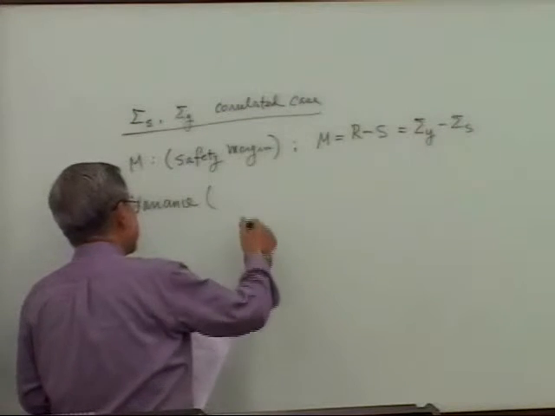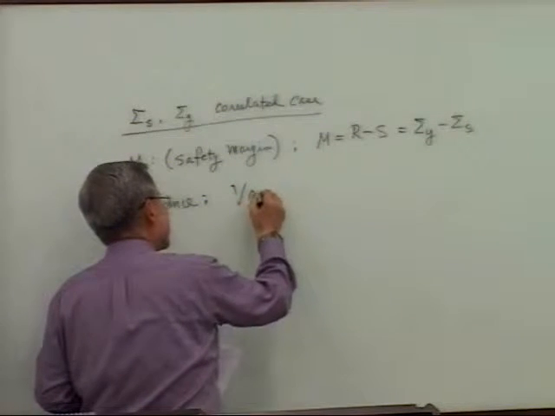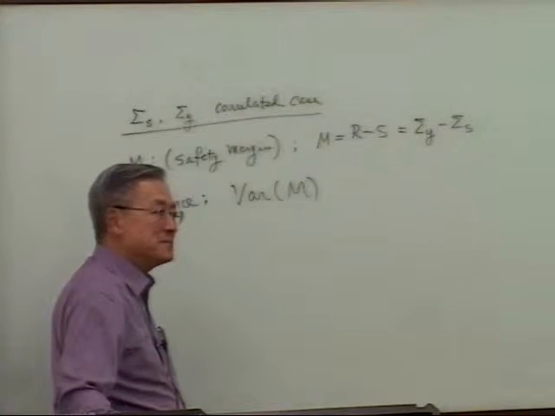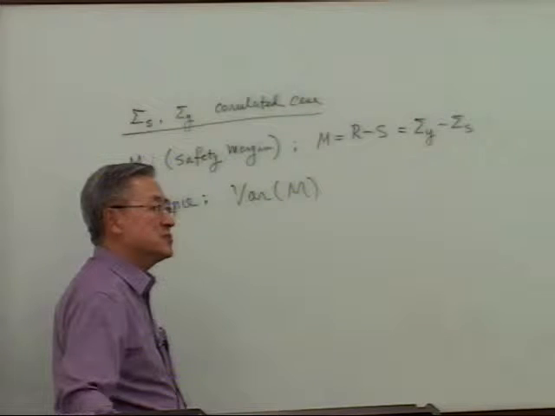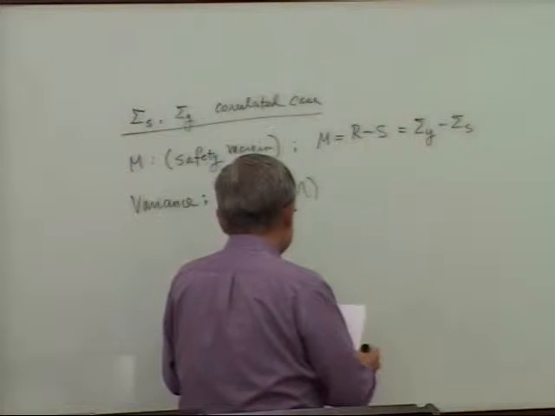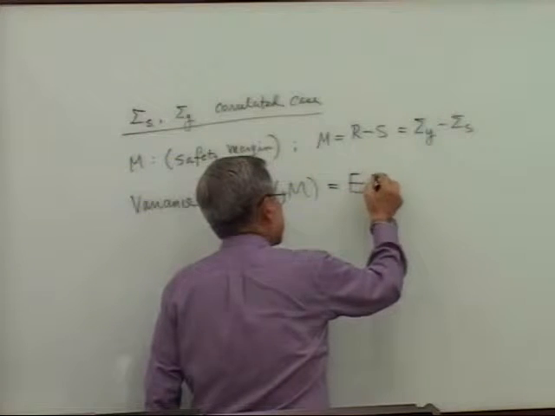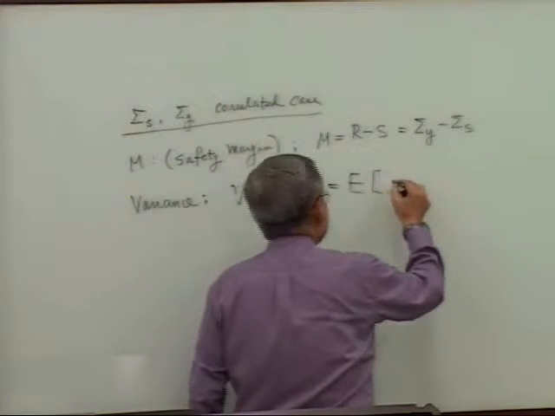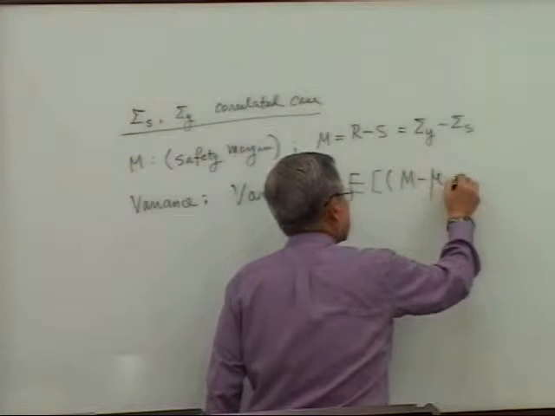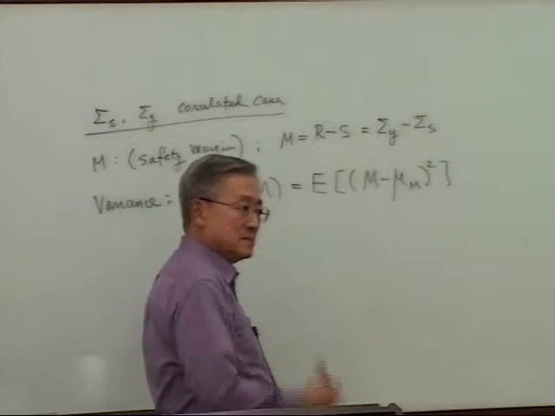And the variance of M, variance M, is equal to E of (M minus mu M) squared, given, right?